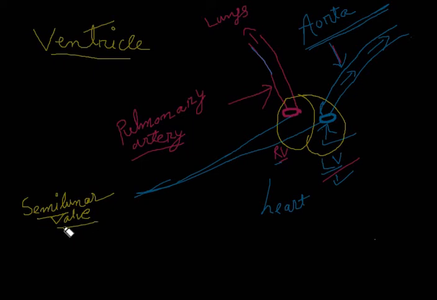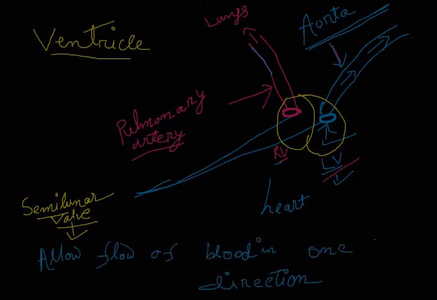And what does this word valve mean? Valve is used to denote flow of something in one direction. A valve always prevents backflow. The semilunar valve allows flow of blood in one direction.